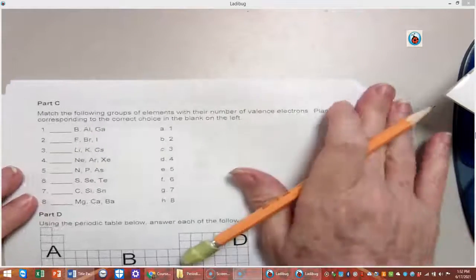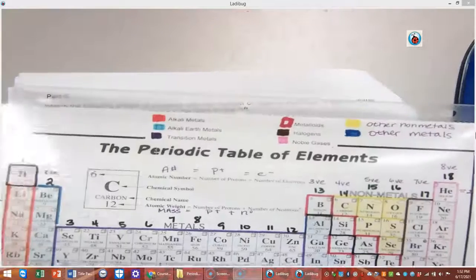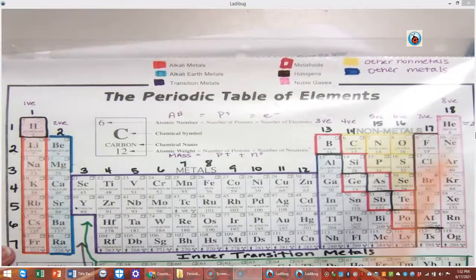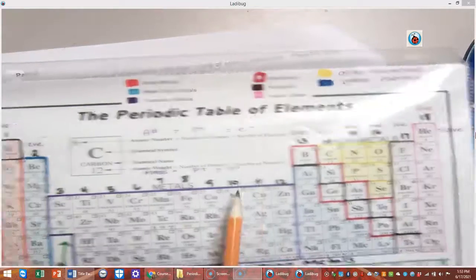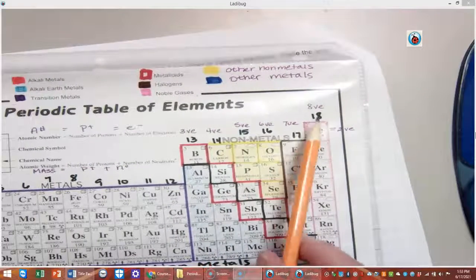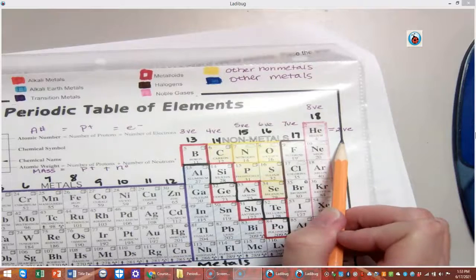Okay, so that's pretty easy. And then on the back page, you're just going to match the groups with the number of valence electrons, but if you've colored your periodic table, you should know the number of valence electrons, because it goes 1, 2, skip transition metals, 3, 4, 5, 6, 7, 8 valence electrons, except for helium only has 2 valence electrons because that's all he has.